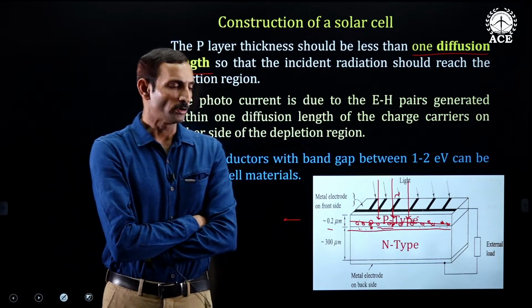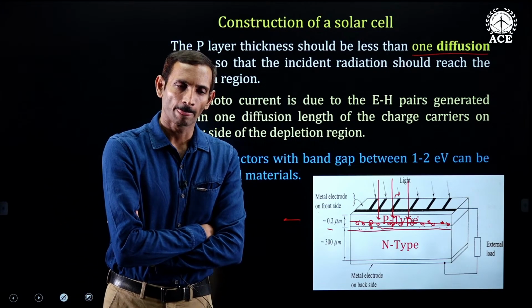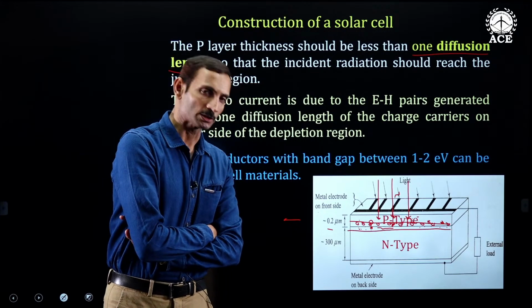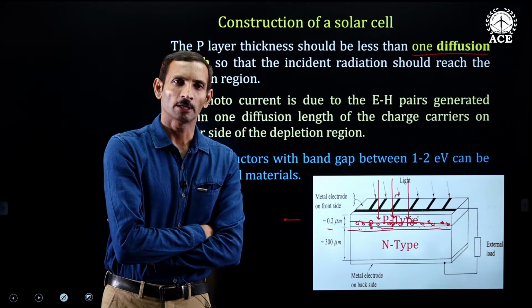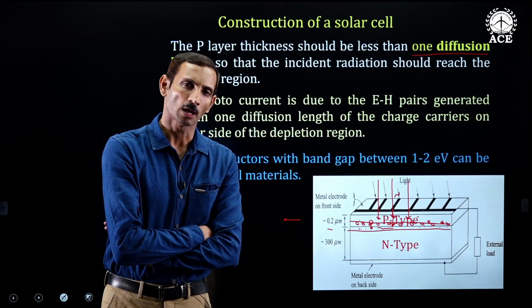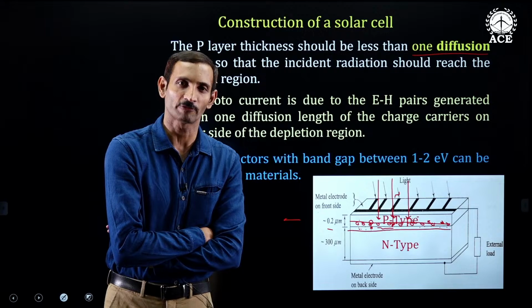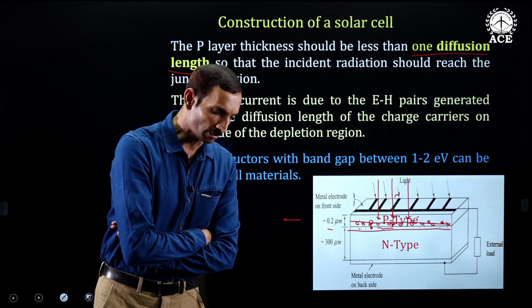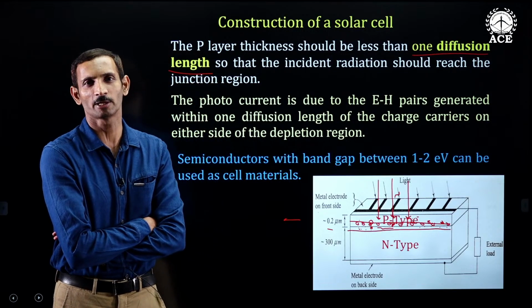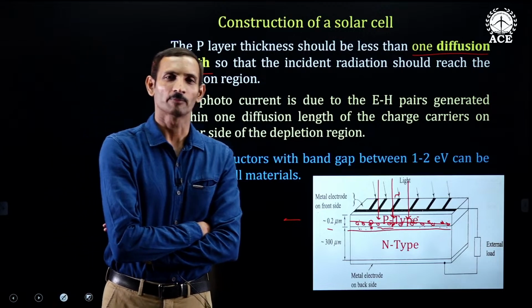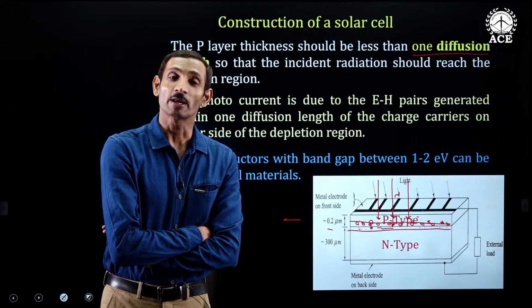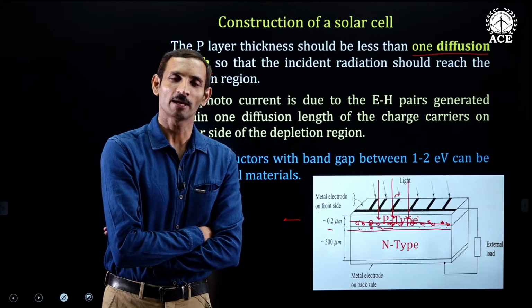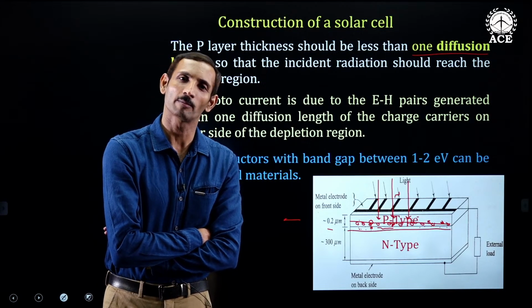When an electron moves in a semiconductor, before it gets recombined with a hole, the time it spends is its lifetime. Lifetime of an electron or a hole is the time that they can remain without recombining.